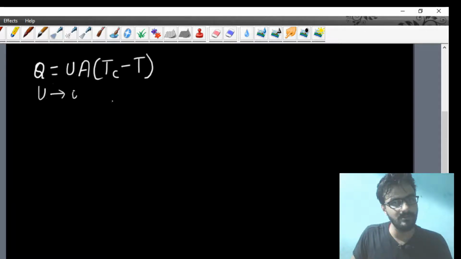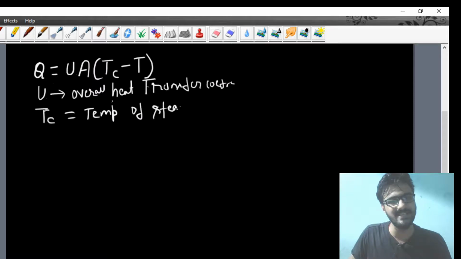U is overall heat transfer coefficient, and Tc is the temperature of the process fluid, generally steam at the inlet of the coil.